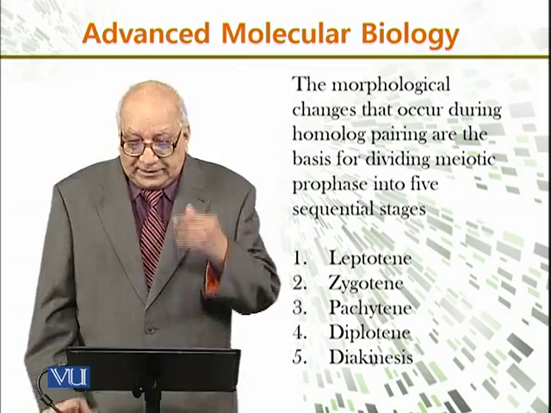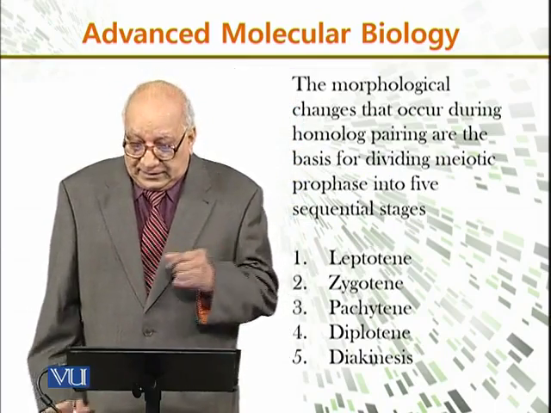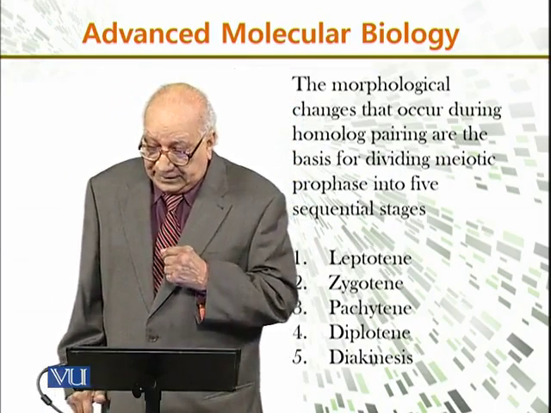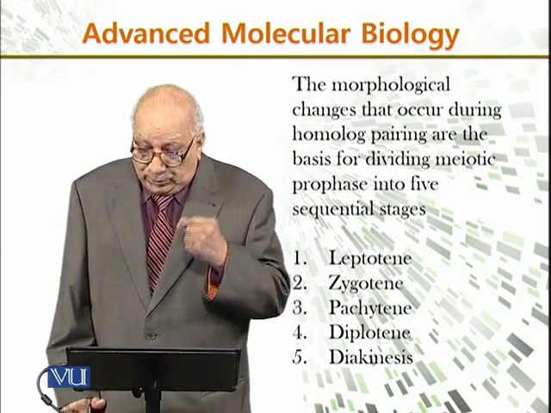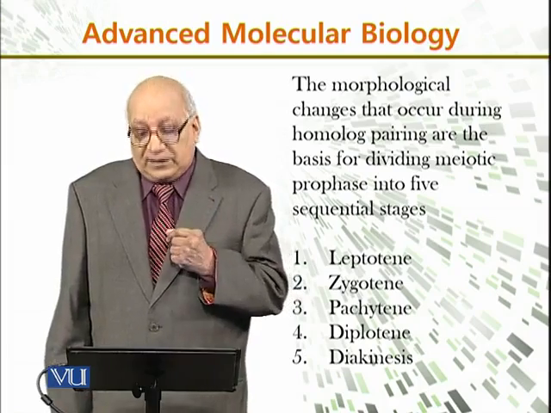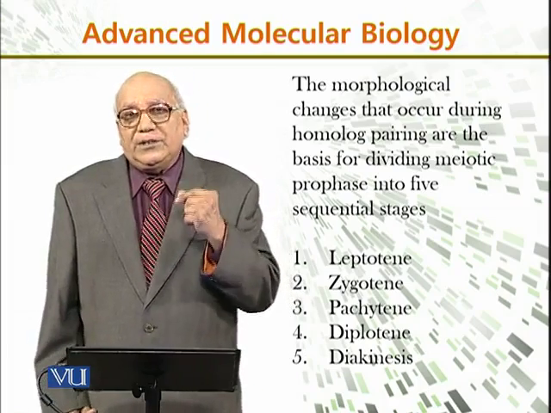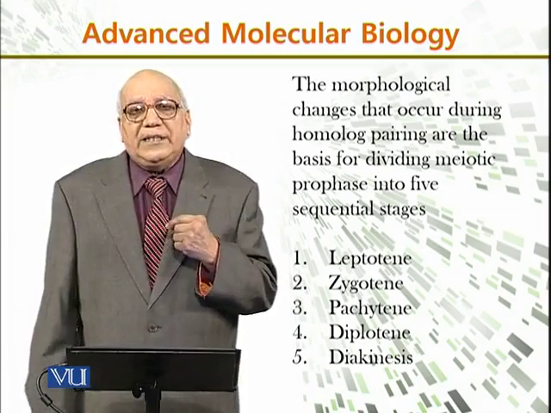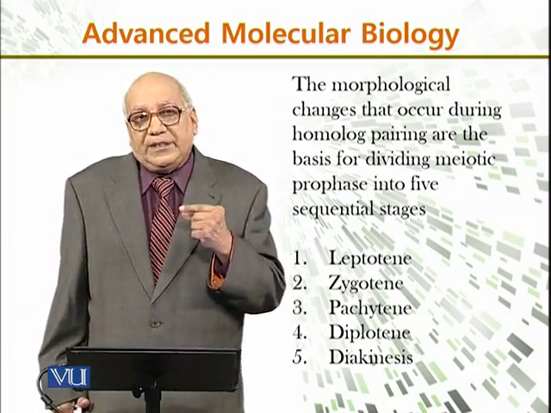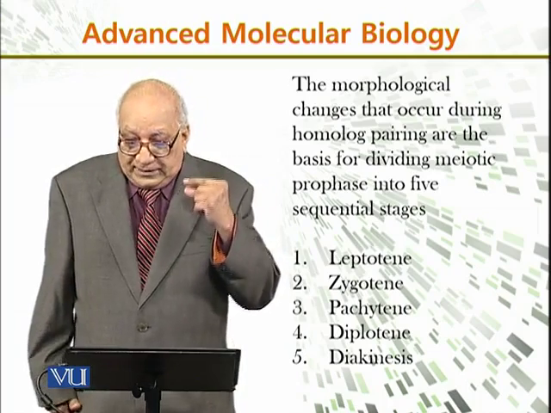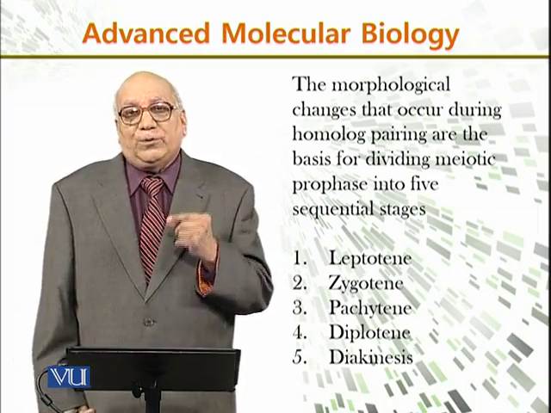Now the morphological changes that occur during homolog pairing are the basis of dividing meiotic prophase into 5 sequential phases. Remember, this is a very important statement. This is an important principle that the morphological changes occur during homolog pairing.